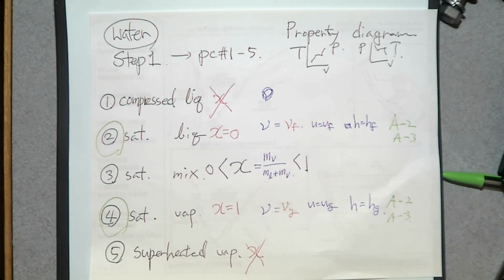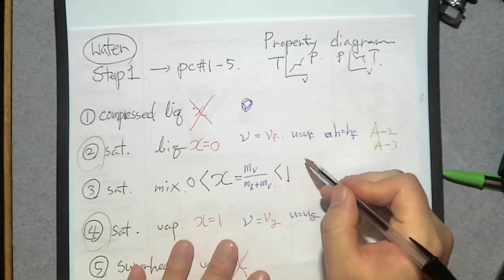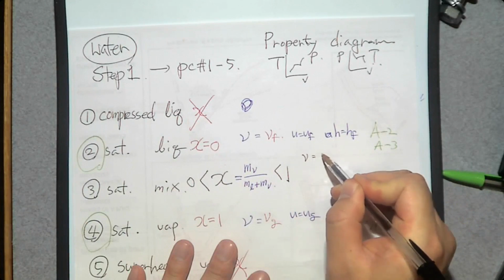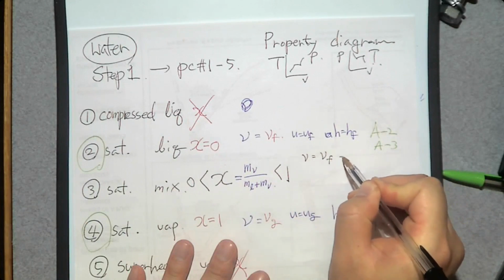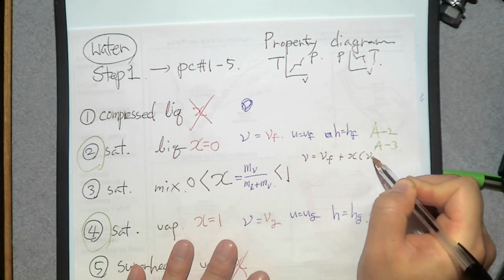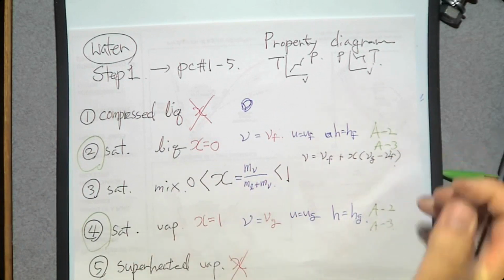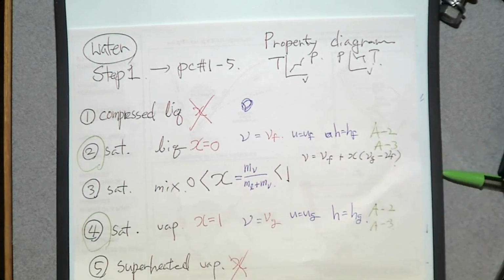Then what is that linear interpolation? If you want to determine v, v is vf plus quality x times vg minus vf. This is how you evaluate the specific volume of a saturated mixture.